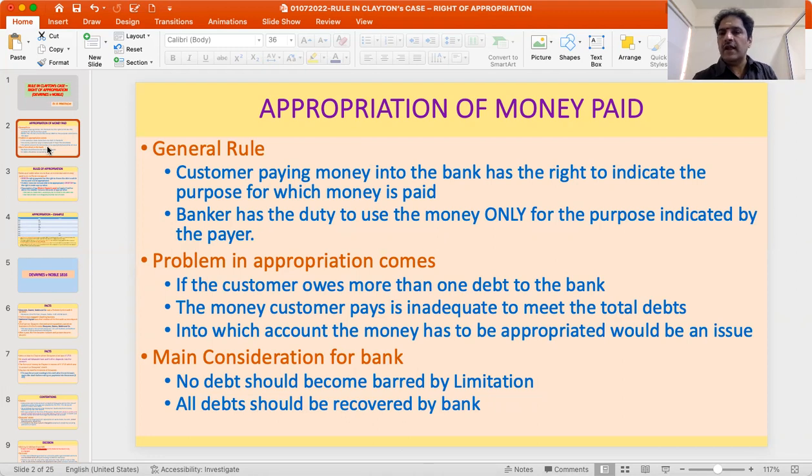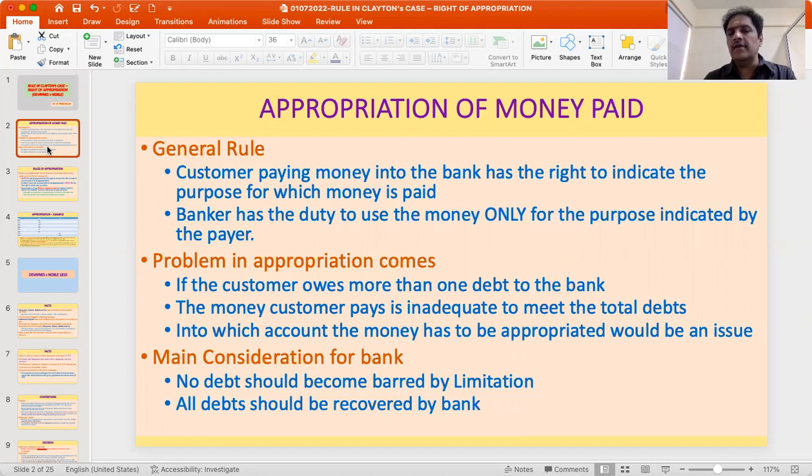And if it is a running account, which transaction is the money supposed to be used for? The first transaction, the last transaction, or the transaction of an equal amount, etc. Those are the determining factors where the problem of appropriation comes.